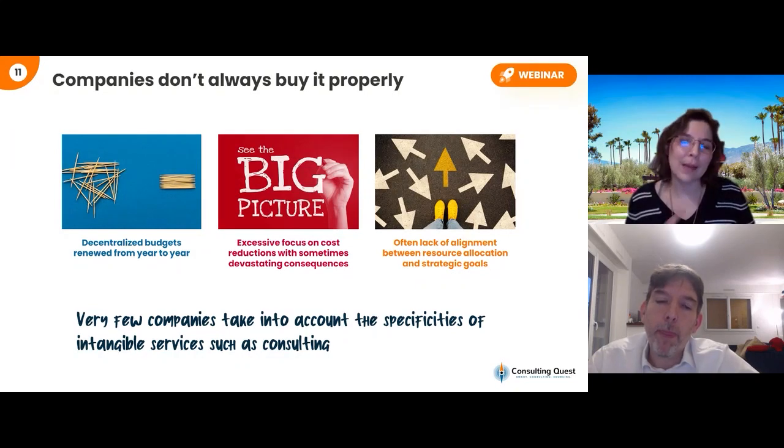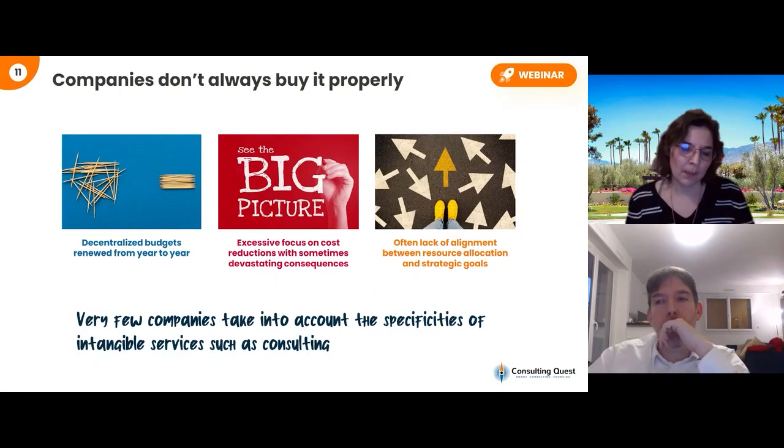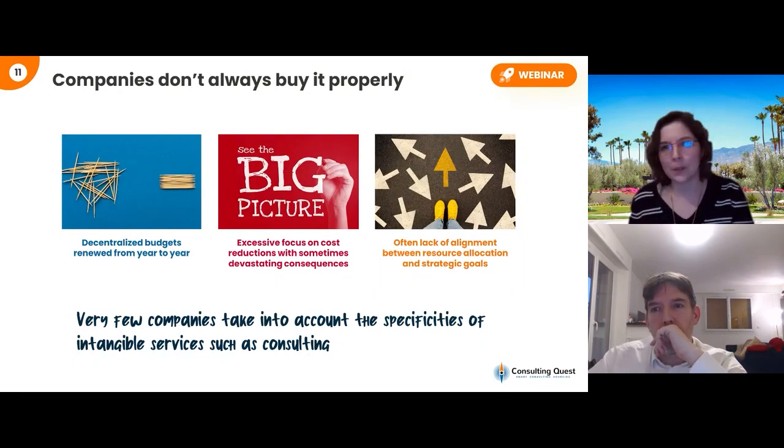And I think that comes also from the place that consulting, and it's not specific to consulting per se, many intangible services are in the same category, and most of the professional services actually, is that there are specificities in how you buy them.